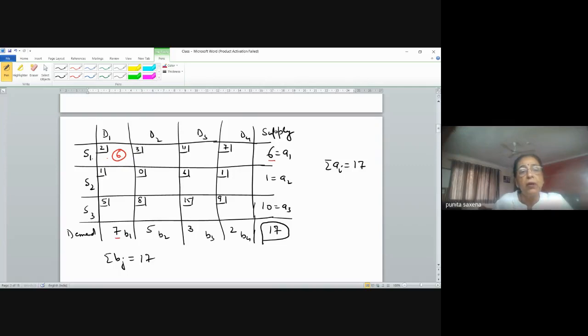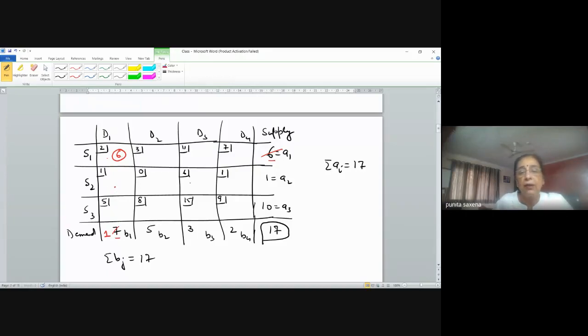Now, in this process, what has happened? The first supply gets exhausted, but you are still left with 1 unit to be given to the first destination because the demand has not been met. So we move vertically down to which cell? 2,1.